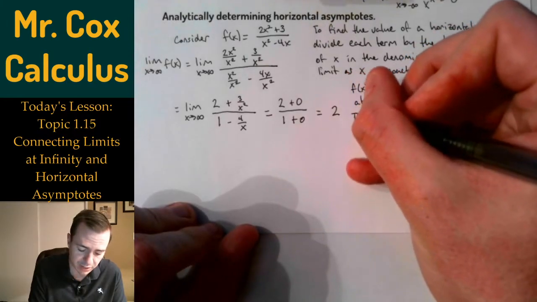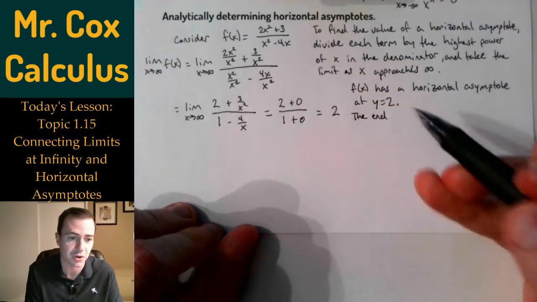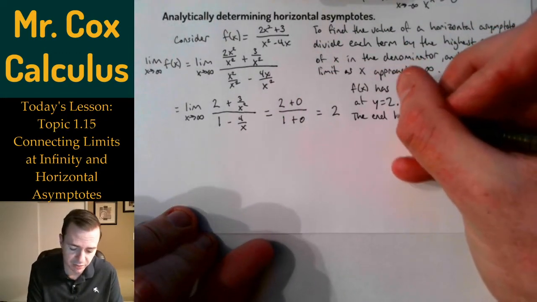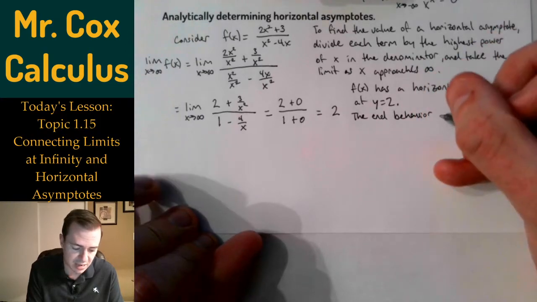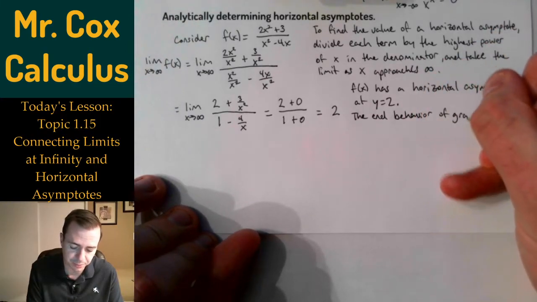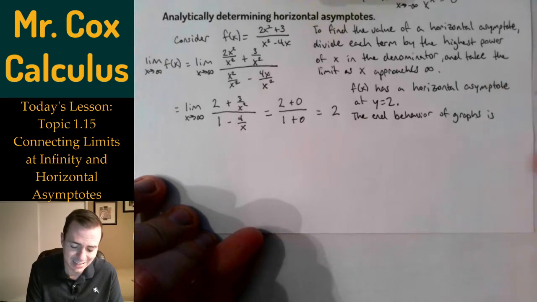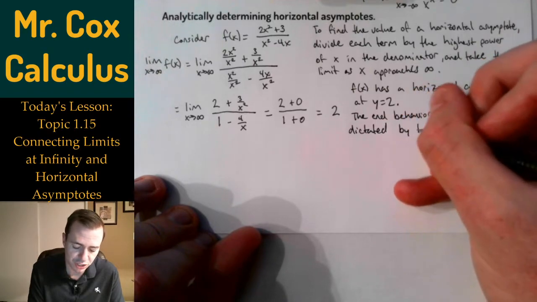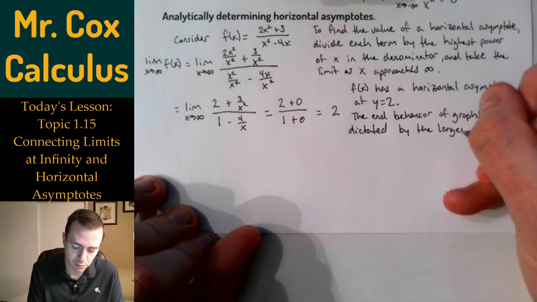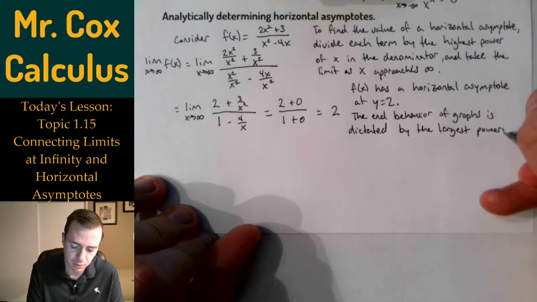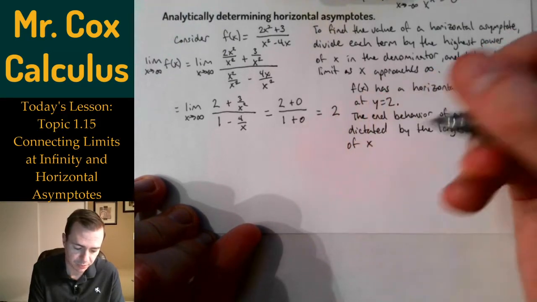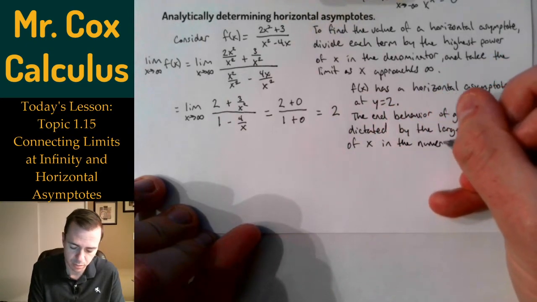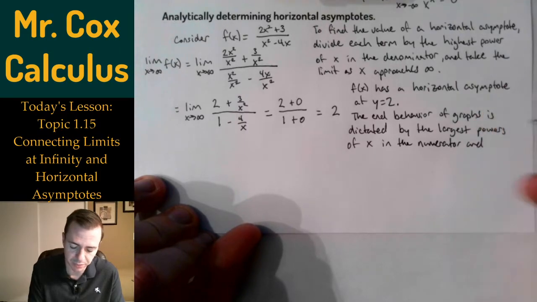And so what we really want to say to make things a little more efficient on ourselves, and I'll tell you this process right here always works, but it is kind of nice to be able to say that the end behavior of graphs is really dictated by the largest powers of x in both the numerator and the denominator.